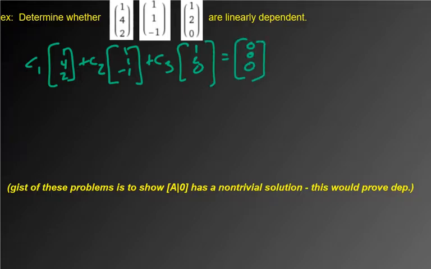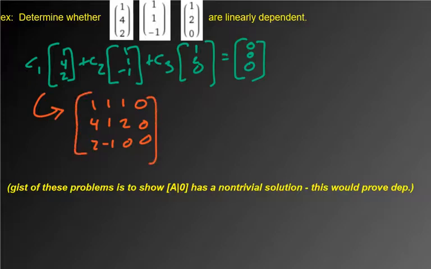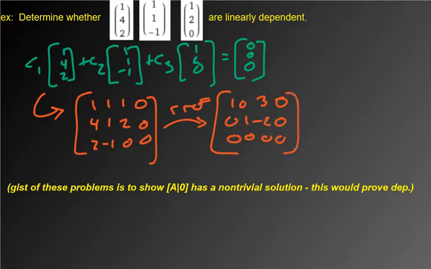So basically what you do is you make a coefficient matrix. You just try to solve the matrix 1, 1, 1, 0, 4, 1, 2, 0, 2, negative 1, 0, 0. And if you solve this and it has a solution, then it tells you what C1, C2, and C3 are. So if you RREF this thing, you will get 1, 0, 3, 0, 0, 1, negative 2, 0, and then a row of zeros here.